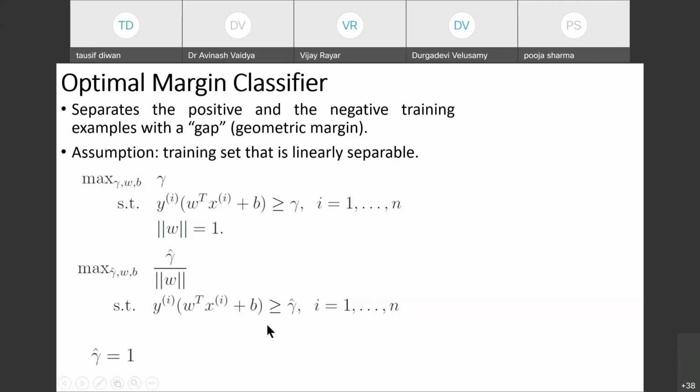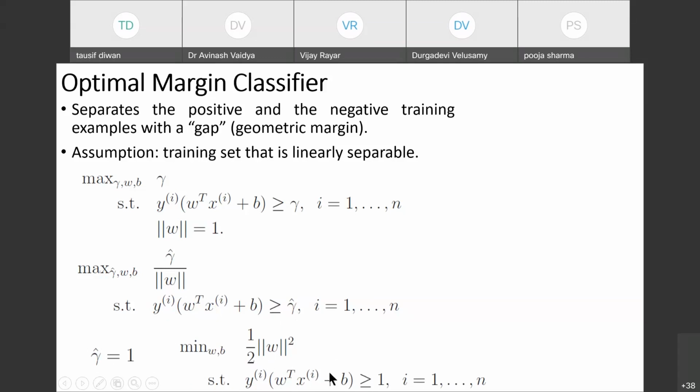Now see the final objective function. Here the constraint is this: functional margin is set to 1. And this is the final objective function. Maximizing 1 by w is simply minimizing w, such that this same expression we are writing over here is greater than or equal to gamma cap, and gamma cap is set to 1.